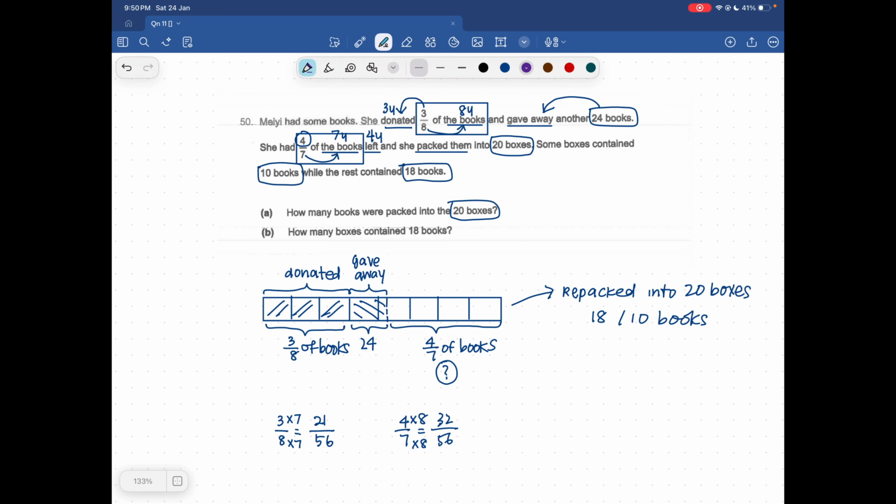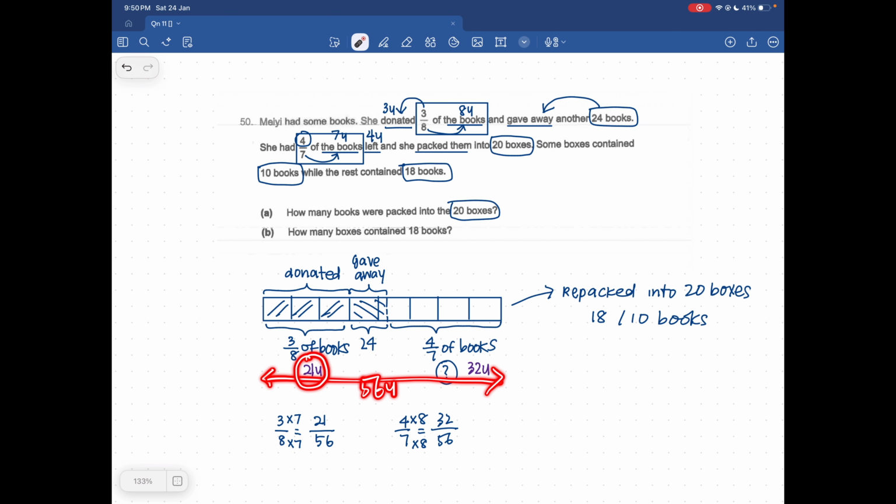Now I'm going to use purple to represent the units. So 3 out of 8 of the books is represented by 21 units. 4 out of 7 of the books is represented by 32 units. So now, in total there are 56 units. The whole thing is 56 units.